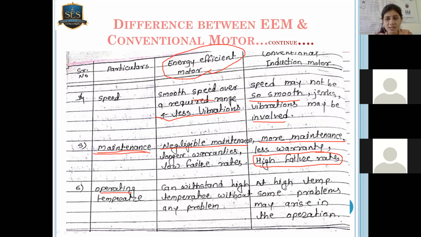But in the case of a conventional induction motor, at the higher temperature some problems may arise in the operation, or the insulation can be damaged. So these problems can arise in the conventional motor.